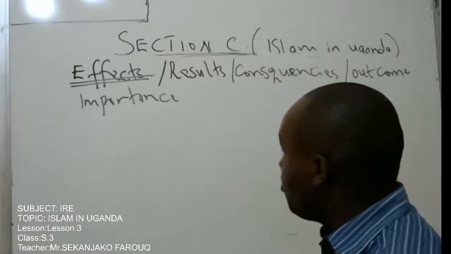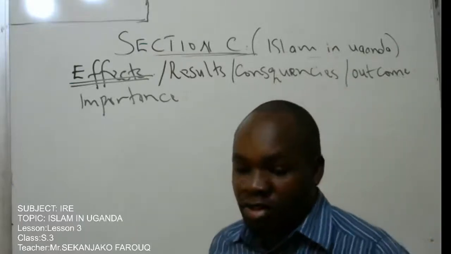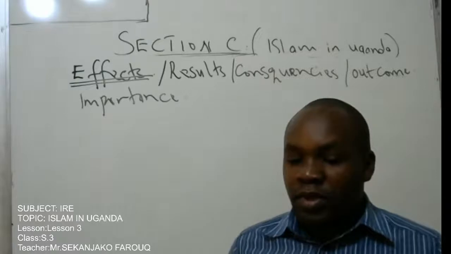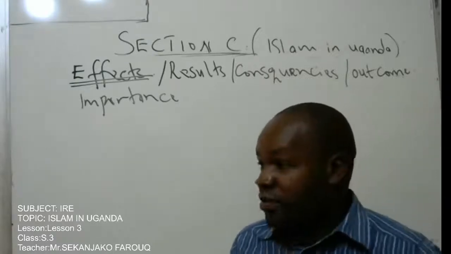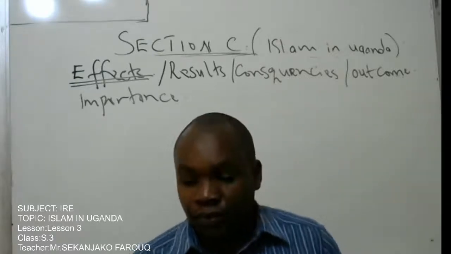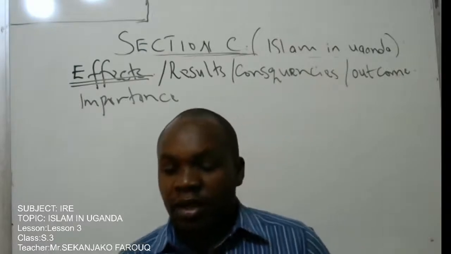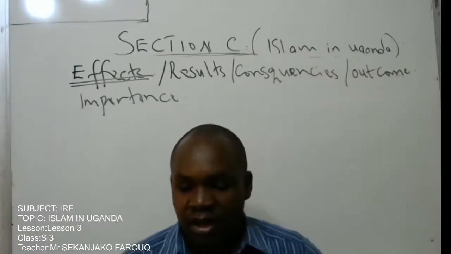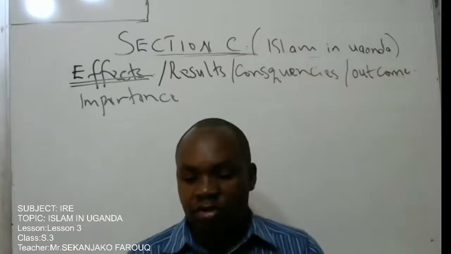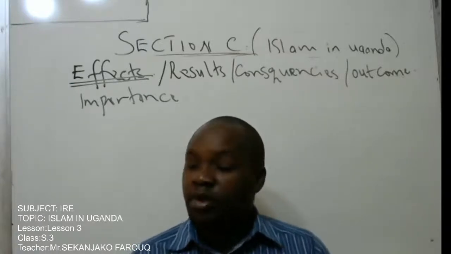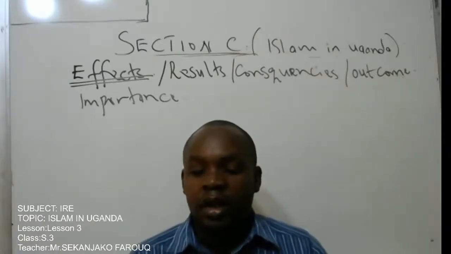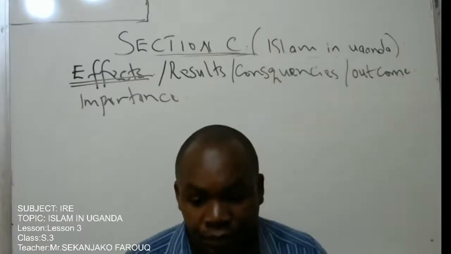So Dar means state, Salam means Islam. At first during Mtesa's time, they had started up that phenomenon, but when Mtesa died and after the political religious wars, it gave a death blow to the Muslim community in Uganda.